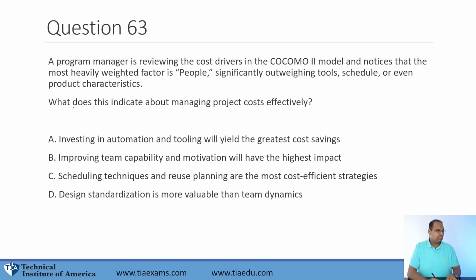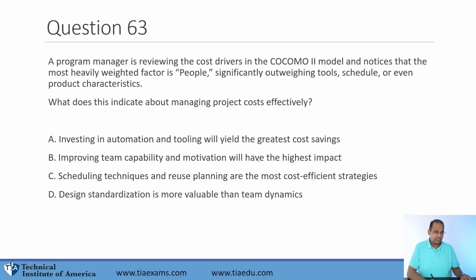Invest in automation and tooling will yield the greatest cost savings. Improving team capability and motivation will have the highest impact. Scheduling techniques and reuse planning are the most cost-effective strategies. Design standardization is more valuable than team dynamics.